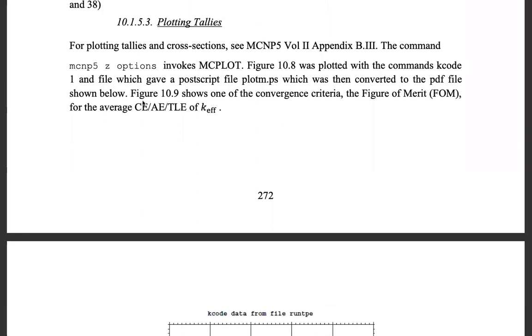Okay, now you can plot using MCPLOT, and you can use the collision estimator, the absorption estimator, the track length estimator for estimating the system multiplication k factor. And figure of merit, I told you earlier that this is 1 over sigma squared T. Sigma squared goes as 1 over n, the sample size, and T goes as n.